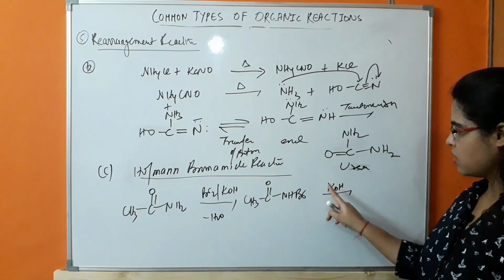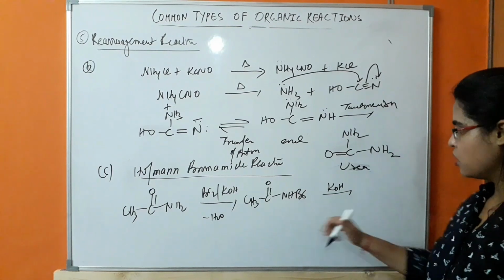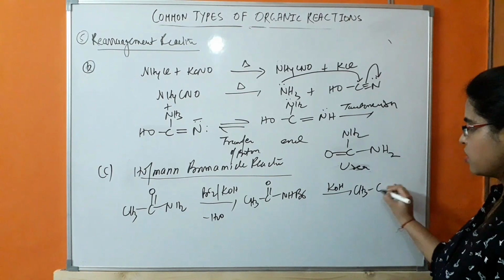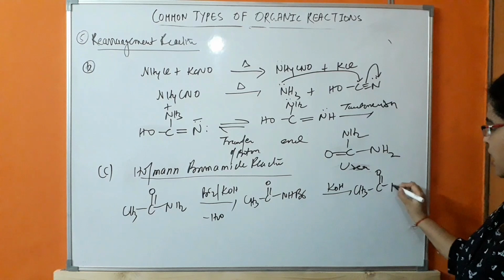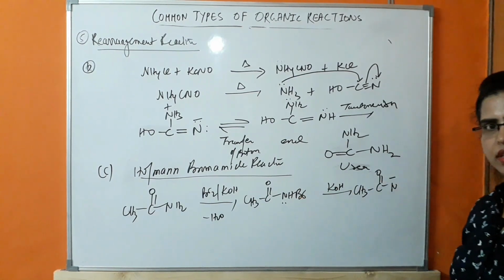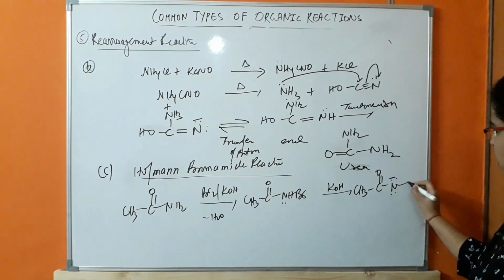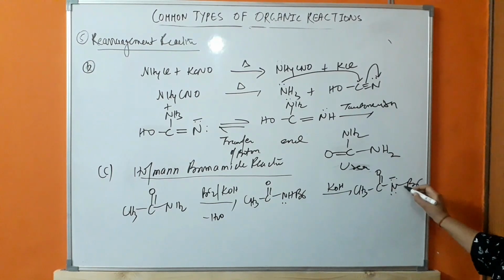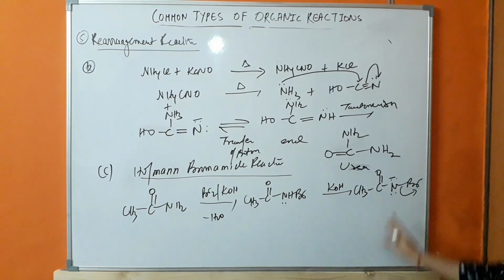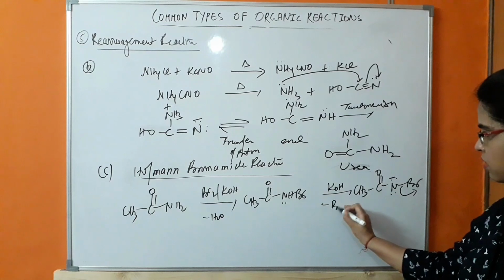This OH minus of KOH will attract this H plus, this hydrogen. So there will be formation of CH3 double bond O N minus, because one lone pair is as it is present. Okay, now there are two lone pairs. Okay, and Br. Now this Br will be removed from this nitrogen as Br minus.